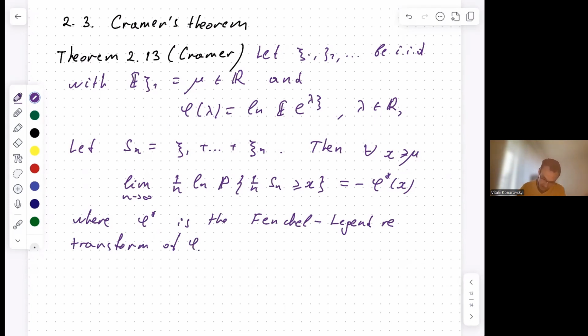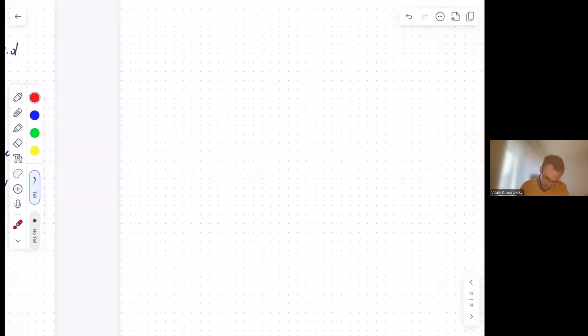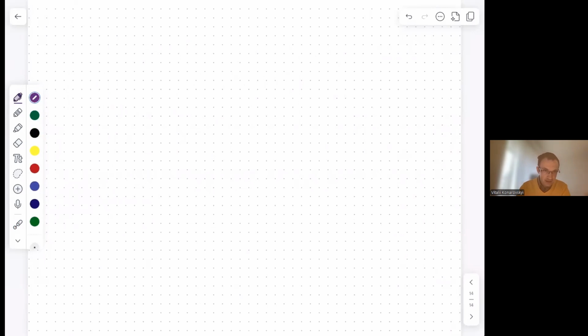By the way, the same result is also true when you switch this inequality to less or equal. You take x smaller than mu, and you also get the same right-hand side. But the second result follows from this one. Okay, now before we prove it, let's prove some technical lemma.